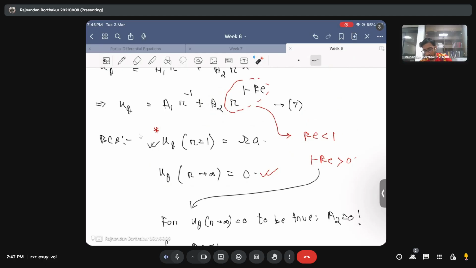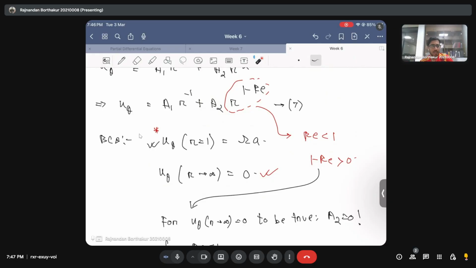And when Reynolds number is greater than 1, this quantity, 1 minus Re, is going to be less than 0, which means that this quantity will not blow up anymore, which means I do not have a condition on a2 now, and a2 can be any generic number which cannot be obtained precisely from the given boundary conditions that we have.